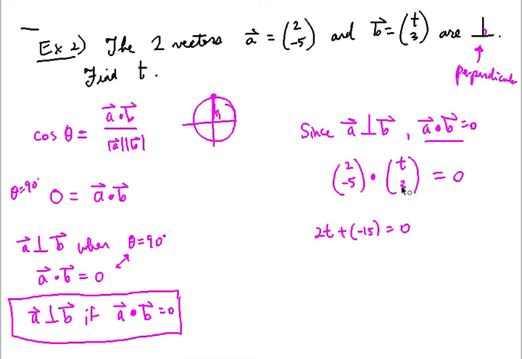But let's just do it like this for this example. So 2T would be equal to 15, so T would be 15 over 2, which is about 7.5. If T is 15 over 2, then that would make these two perpendicular. So there you go.